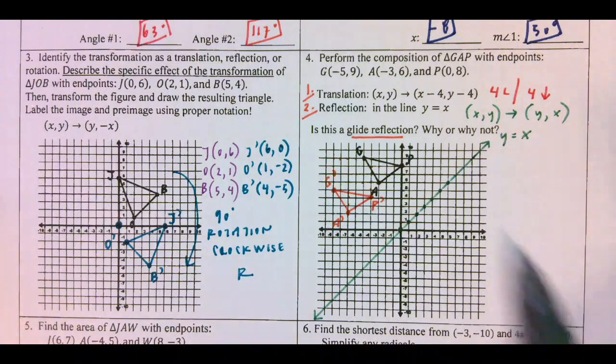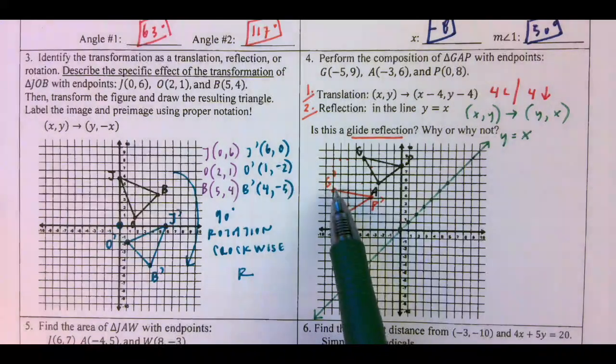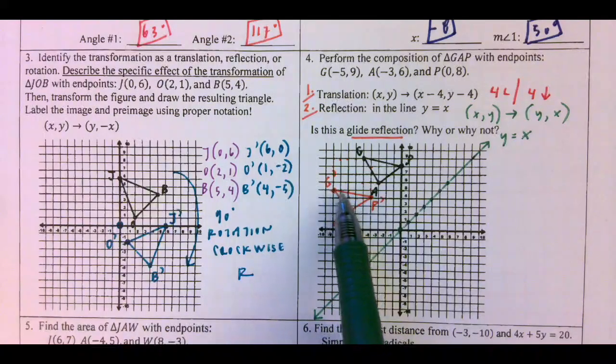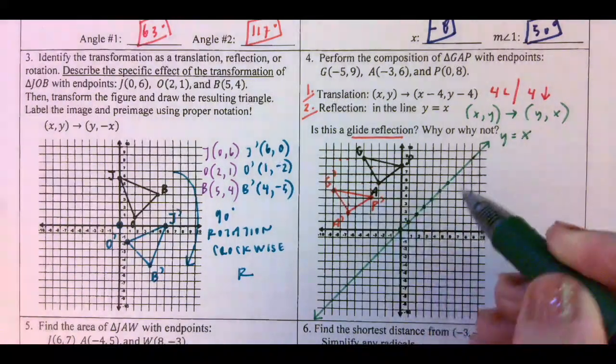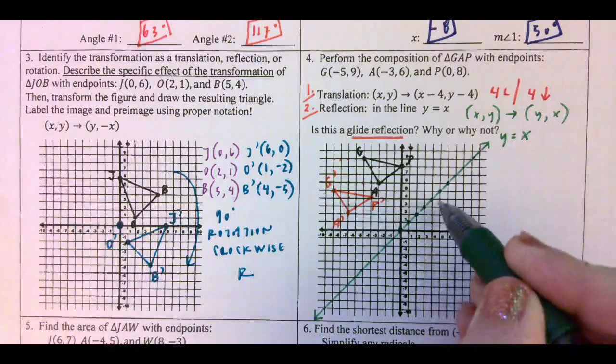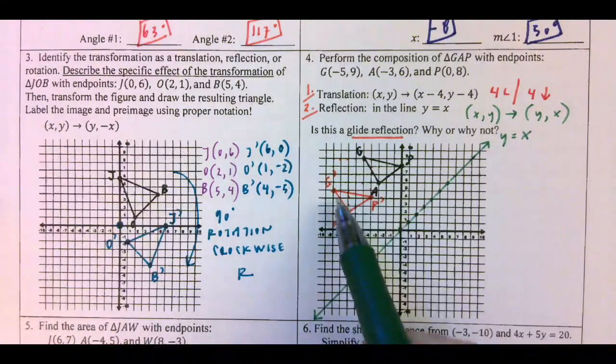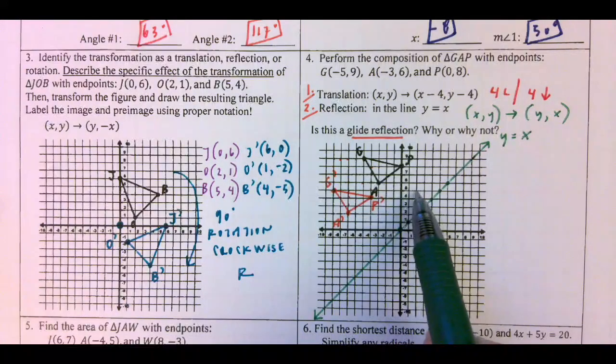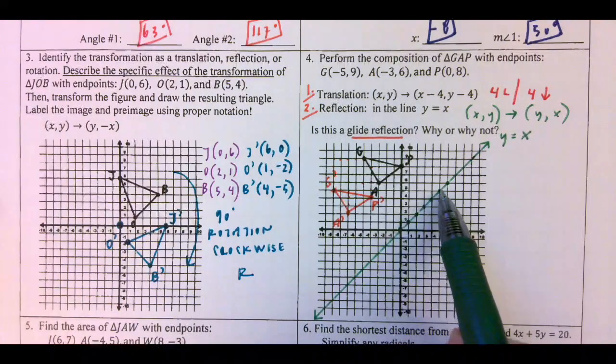I can also think, if I go from G prime first, well, how far away is it horizontally to the reflection line? And then go vertically away from that mirror line. So if I look at where G prime is, here I'm 9 away, and then 10, 11, 12, 13, 14.